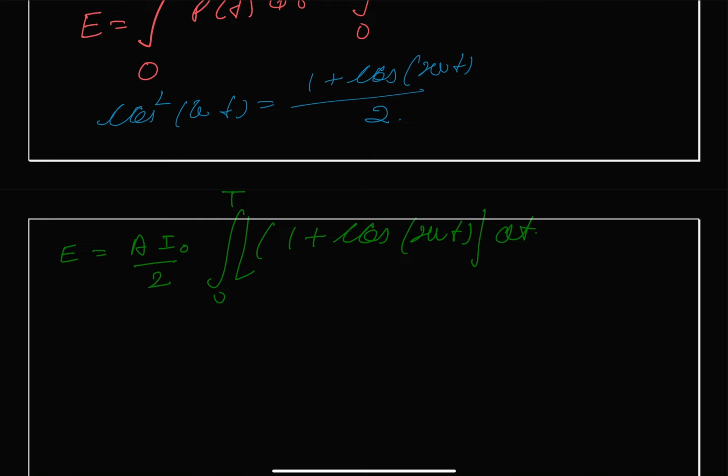But the integral of this cos 2 omega t will be equal to 0 for one full period. So this will be coming equal to 0.